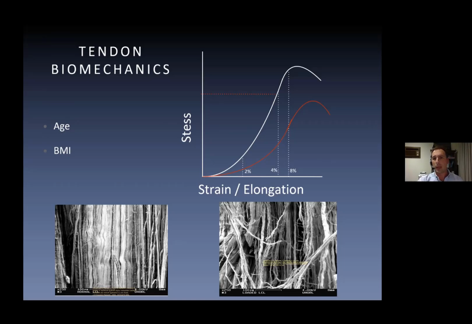Things like BMI play a role as well, and comorbidities such as diabetes. This affects our connective tissue. Smoking affects our connective tissue, and in particular the metabolic syndrome that we see, which is dyslipidemia, hypertension, and insulin resistance. Tendinopathy can be a warning sign for those patients as well.